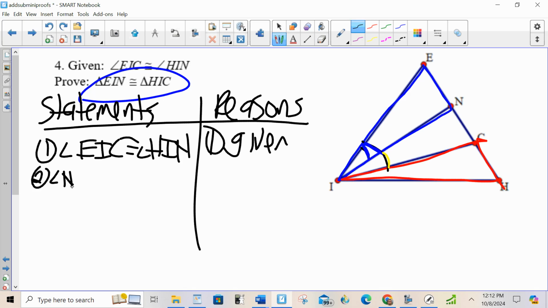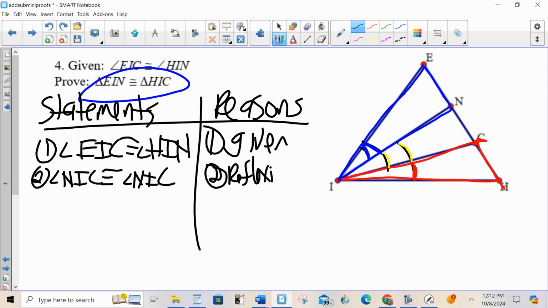Angle NIC is congruent to, now let's look at the red, HIN. Well, this is HIN. That's way too much. This is the angle I want. I need to take away this yellow piece, which again is angle NIC. The reason that those are congruent, they're the same thing.